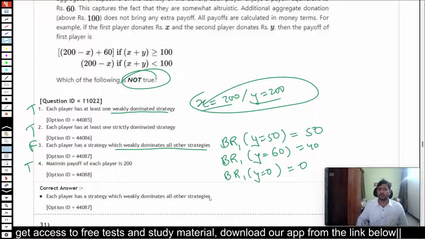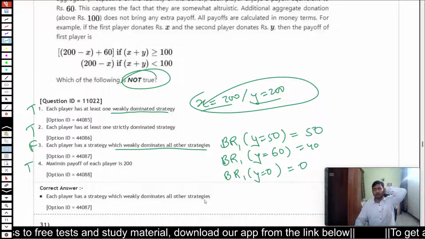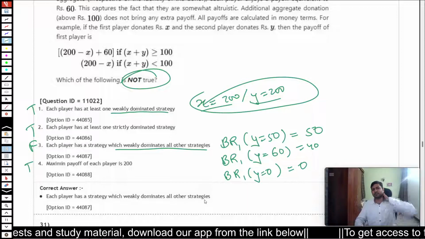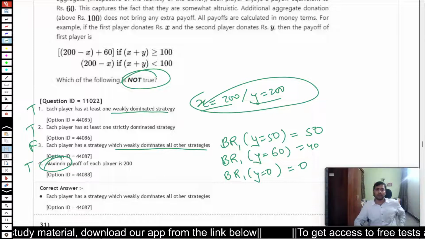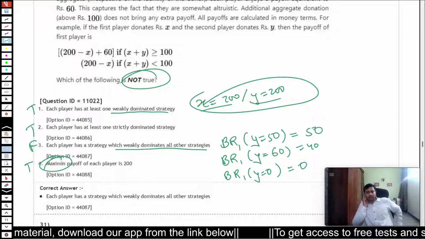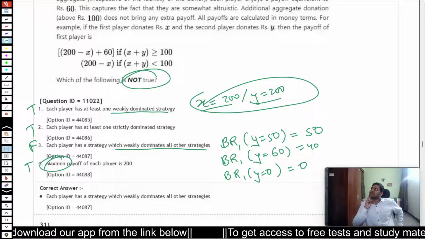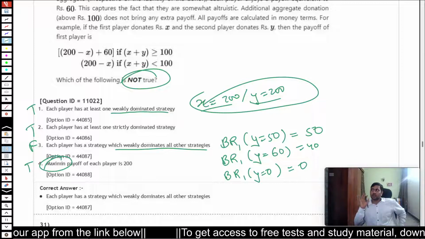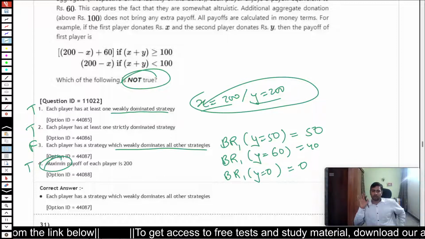This is a very pessimistic sort of approach towards game theory. Maximin is probably something you have never heard of, so I'll talk about it in a couple of minutes. Maximin is where you don't trust the other guy. You feel that the other guy is out there to hurt you. So you want to choose a strategy which maximizes the minimum possible payoff that you can have. ठीक है.